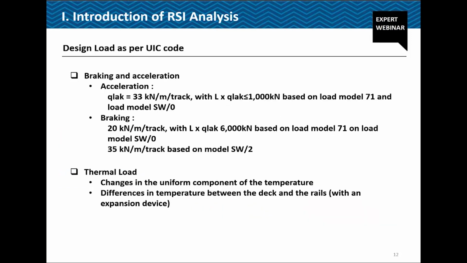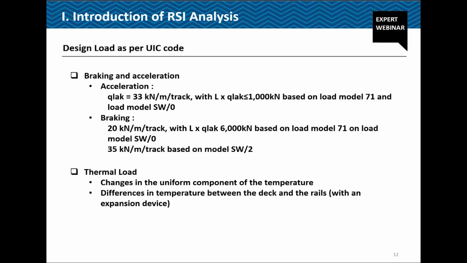And as per the UIC code, the braking and acceleration forces are clearly defined. The acceleration force is 33 kilonewton per meter, and a maximum force for this acceleration is also given in the code, and the braking force is 20 kilonewton per meter per track, and in case of a heavy loaded train, 35 kilonewton per meter. Also, the dumbbell load is given in the UIC code.